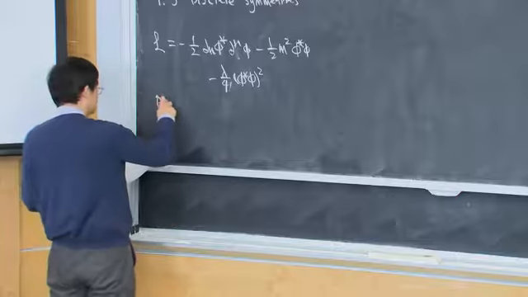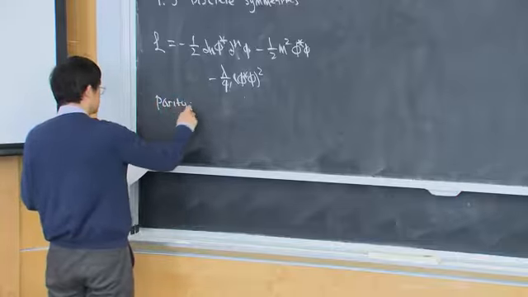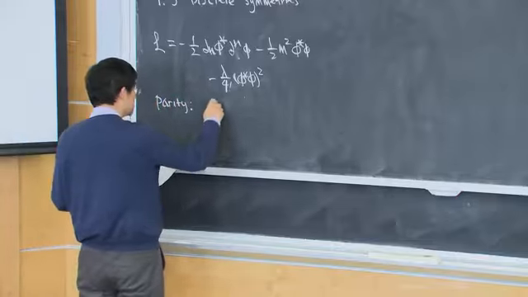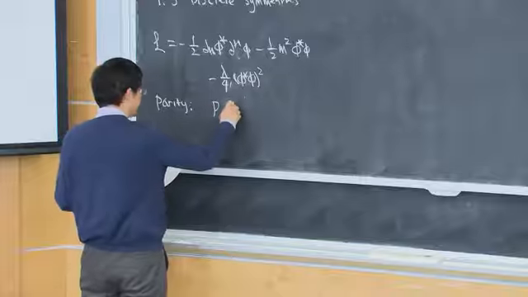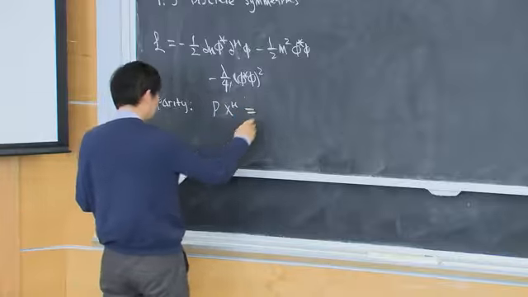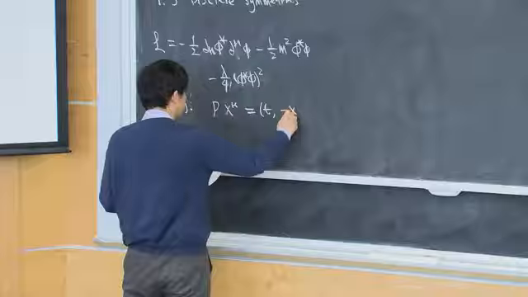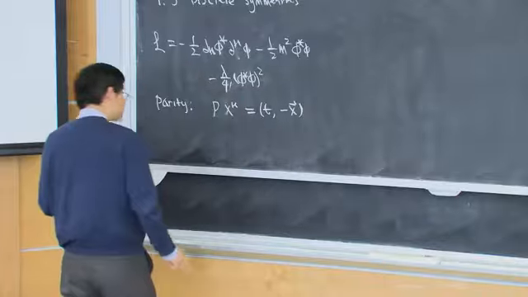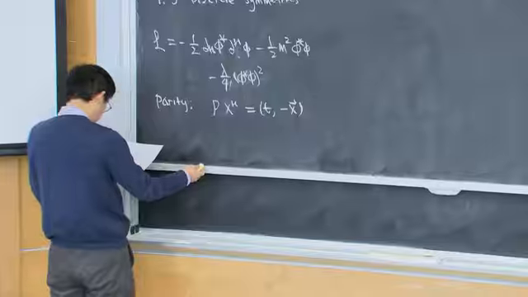First is parity. We normally denote it with the symbol P and it acts on x^mu by taking x to minus x. So just flip all the spatial directions.